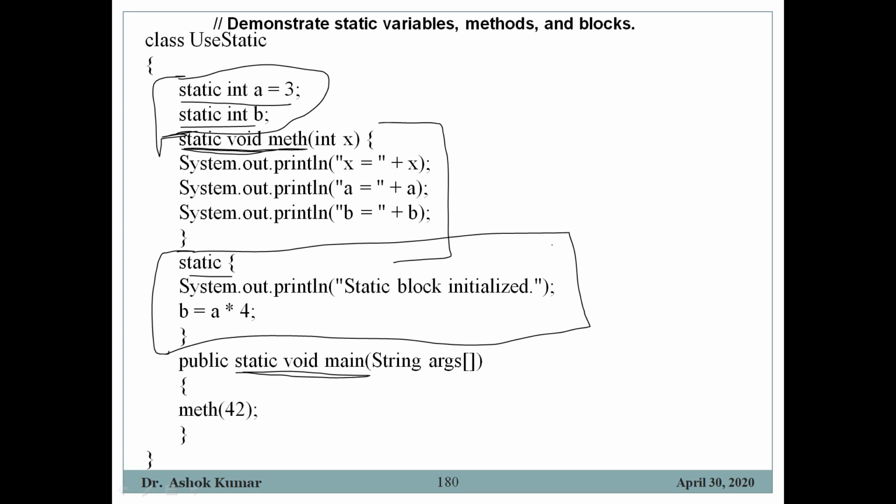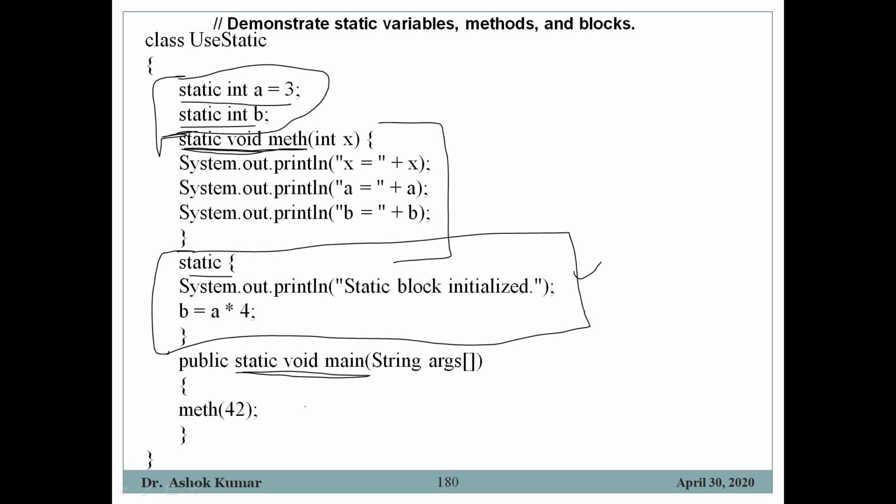This is the very first block that gets executed. As soon as you run this main method, you run this program, the first thing that will happen is it will run this static block. And the second thing is, when the program is executed, the static variables are initialized automatically when the class gets loaded.